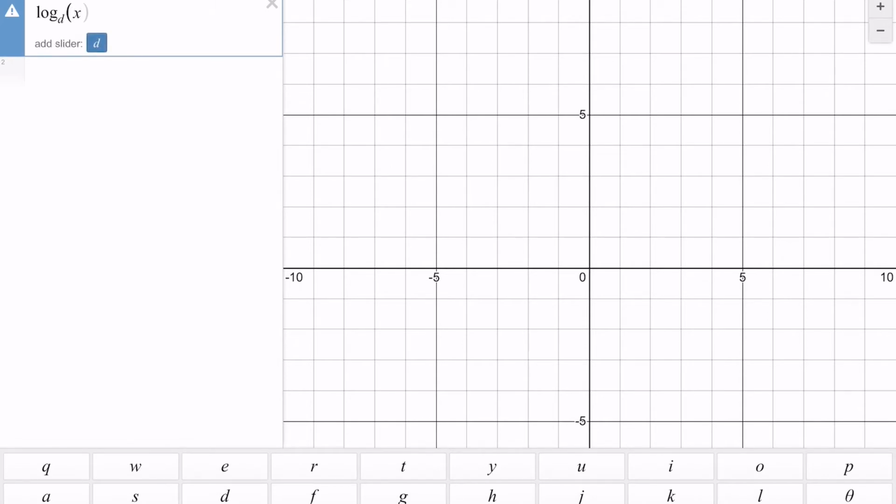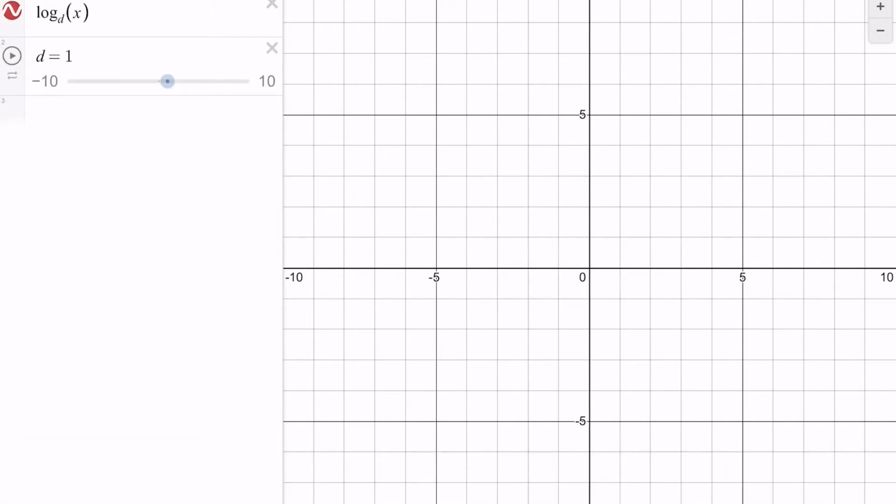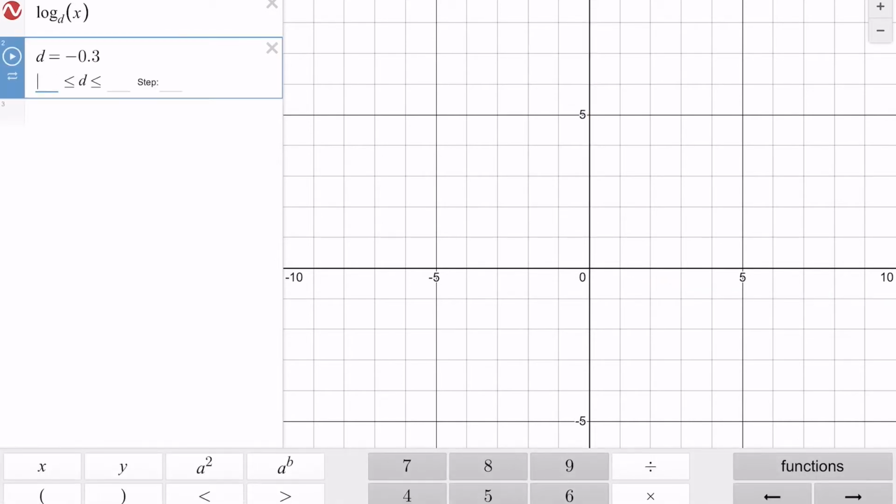Let's see if it'll let me. I've never tried a slider this way, but it will work. As it increases, oh, well, it can't be negative. So that explains d: we can't have a log base of a negative number. So let me change this to be 0 to 10.